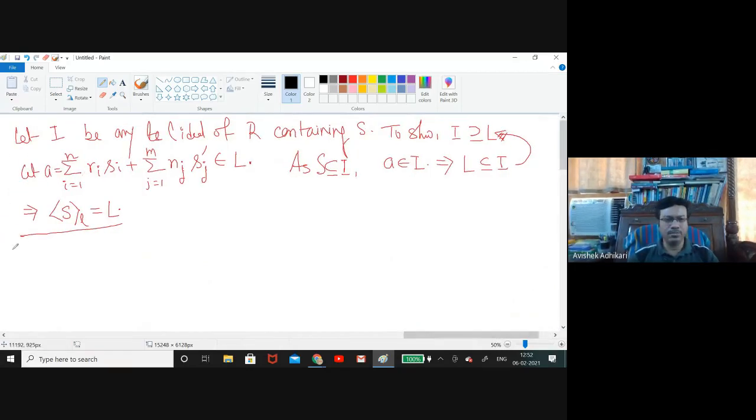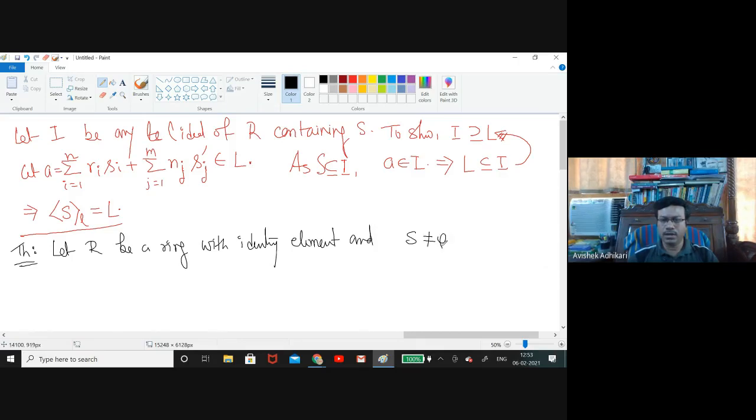So my theorem statement is: let R be a ring with identity element and S a non-empty subset of R. Then the left ideal generated by S should look like what?